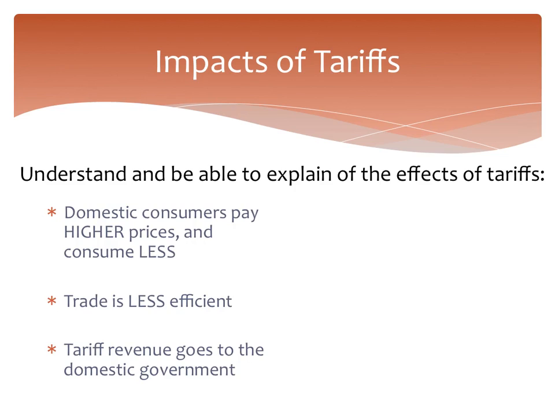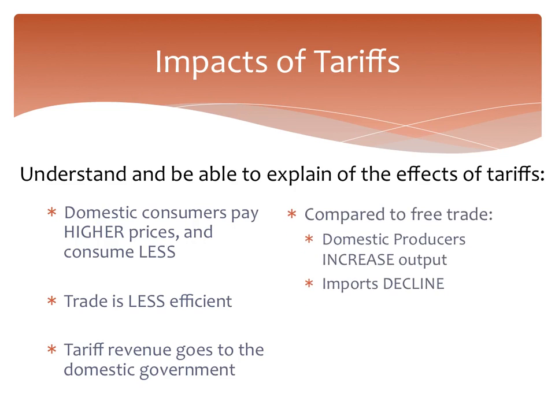And that's interesting to politicians, of course, and that is one of the primary ways that a tariff differs from a quota. Compared to the free trade scenario where we let people completely trade, domestic producers will in fact increase their output.